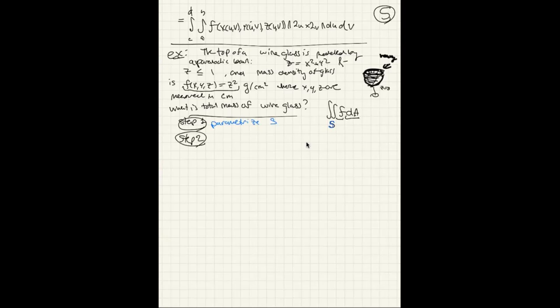So I'm literally going to write these steps all out. Step 2 is compute, I like colors, so compute dA, which is going to be a magnitude of a cross product. And then finally, step 3 is going to be the F, so write F in terms of u, v coordinates.